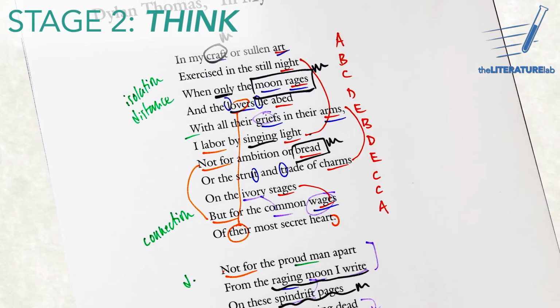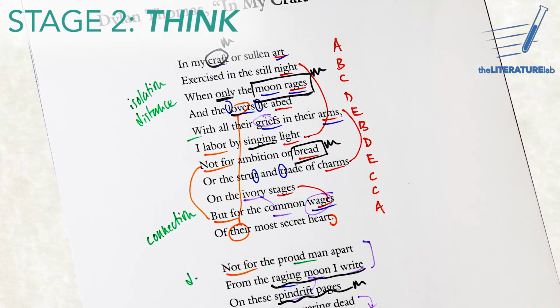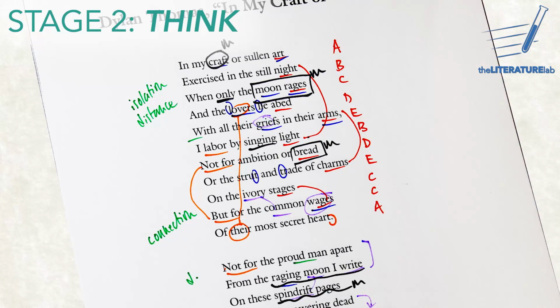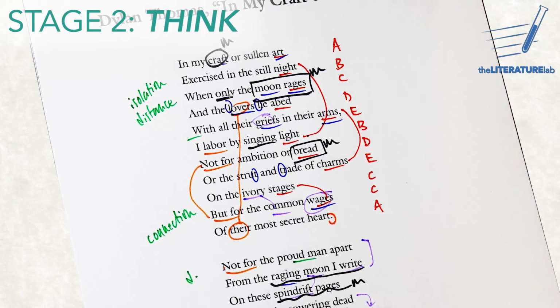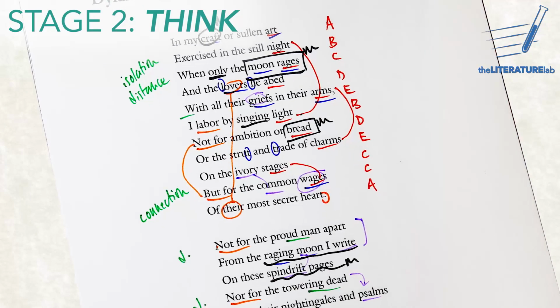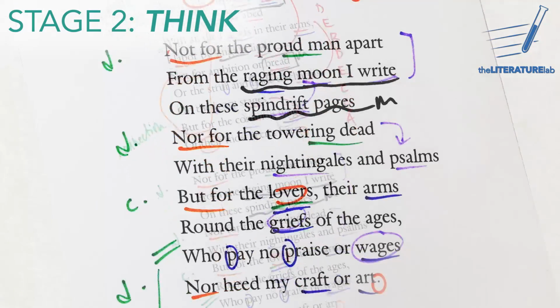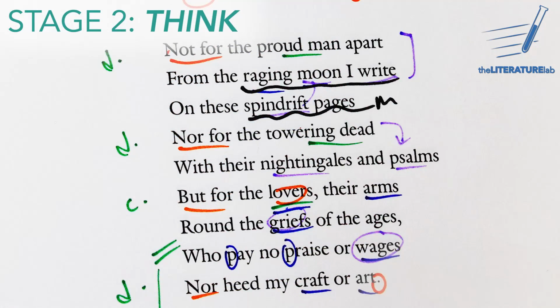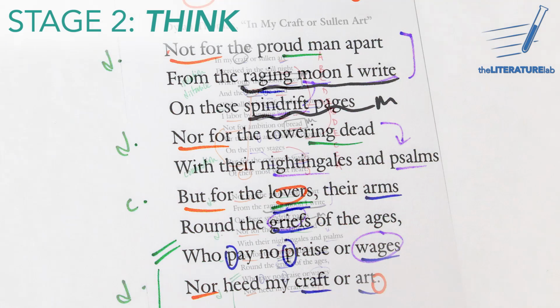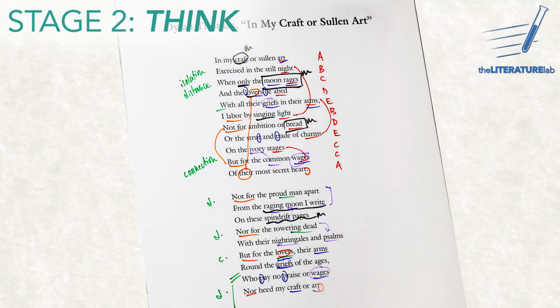So wages of their secret heart somehow is, I don't know, is it understanding? Is it describing their griefs? He says that the griefs are of the ages, meaning somehow that they are timeless and that they're universal. So in a way, it makes sense that they wouldn't heed him. There's something about the griefs that they don't want to face.